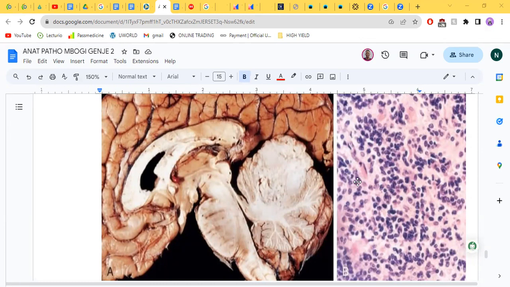Now, we have another picture showing pathology. Where is the pathology in this picture? In which organ? Any tries?